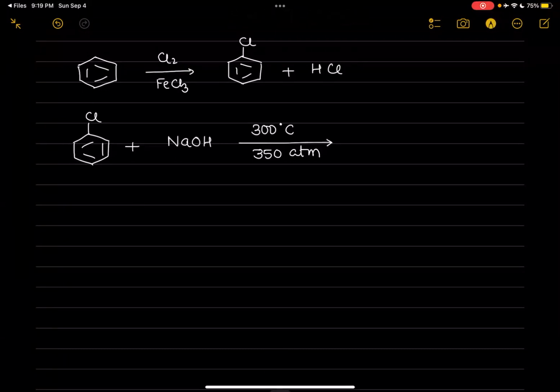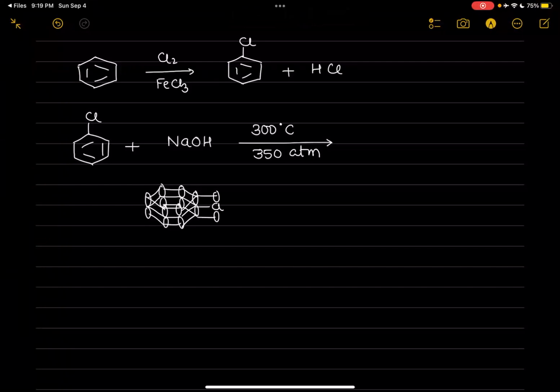Actually, the benzene is having double bonds, right? So double bonds are because of the p orbitals. Yeah, resonance exactly, and the Cl is having double bond character.